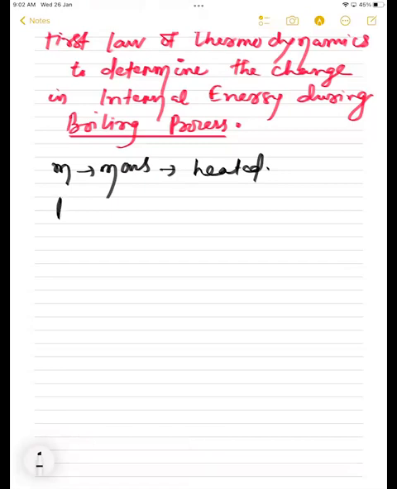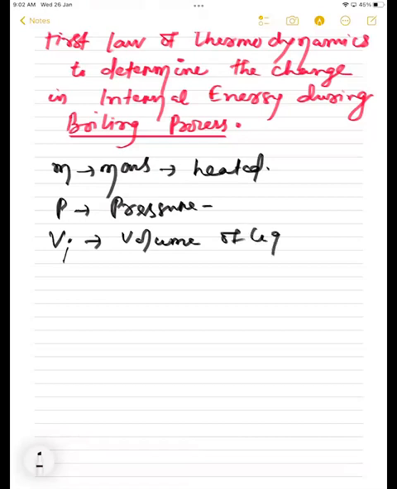Vapor pressure P, and let Vi be the volume of the liquid when we started heating, and it will be converted to steam or vapor. So let Vf be the volume of vapor.